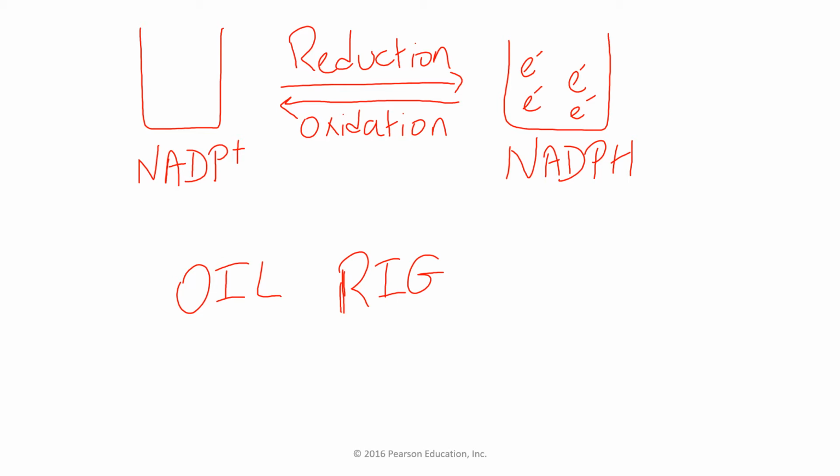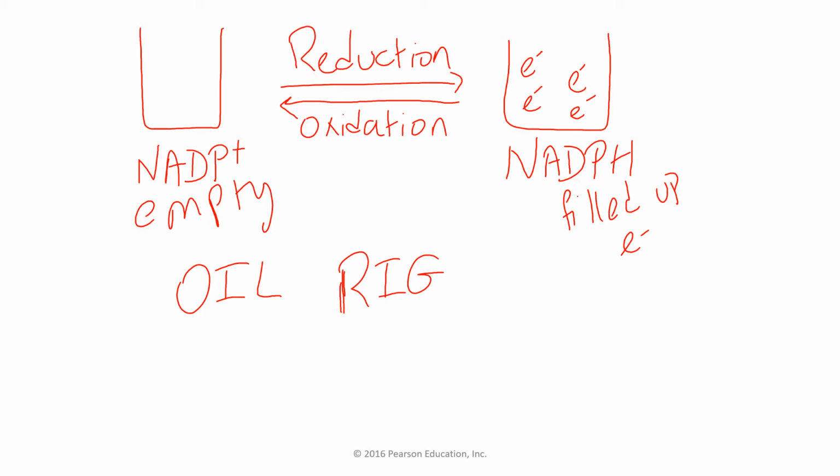So NADPH are basically buckets whose job is to carry a bunch of electrons. Now, if the bucket is empty, we refer to it as NADP positive. So NADP positive is the empty bucket, and NADPH is the filled up bucket, filled up with a bunch of electrons.